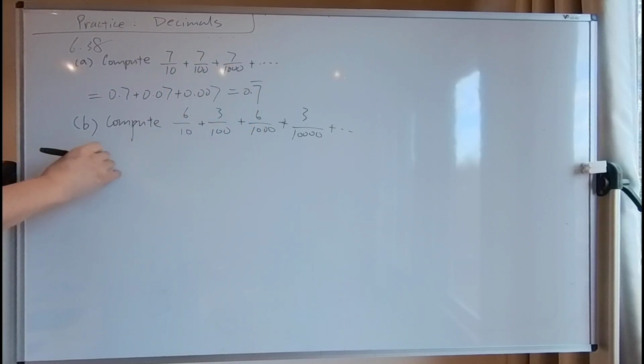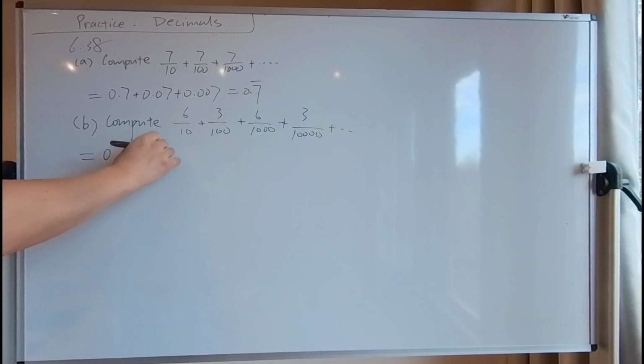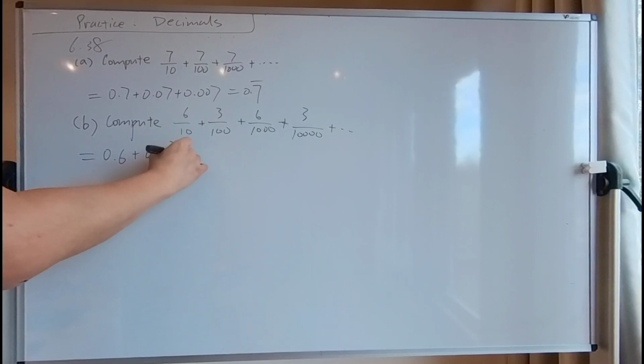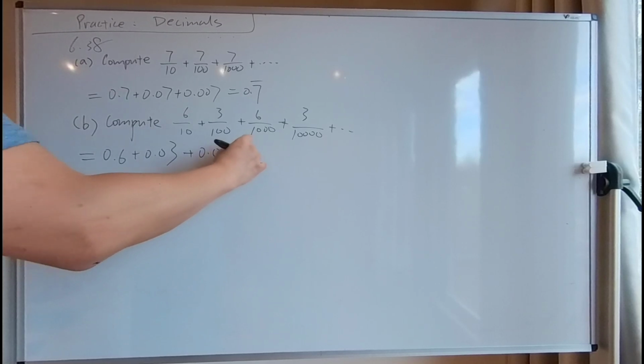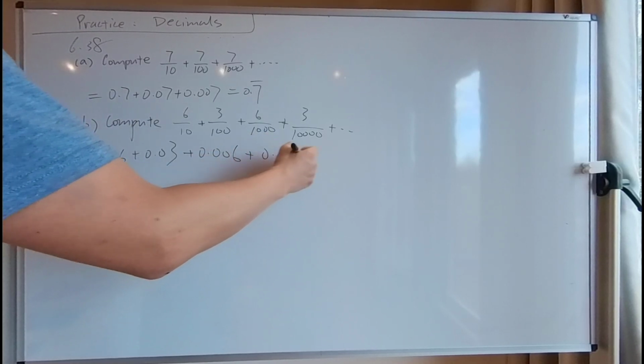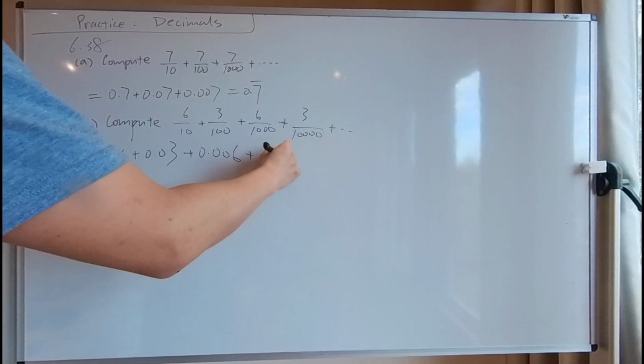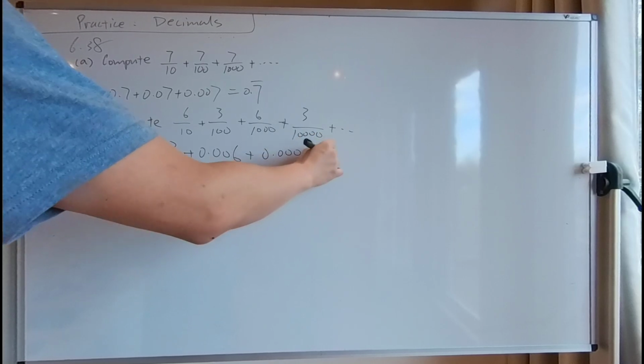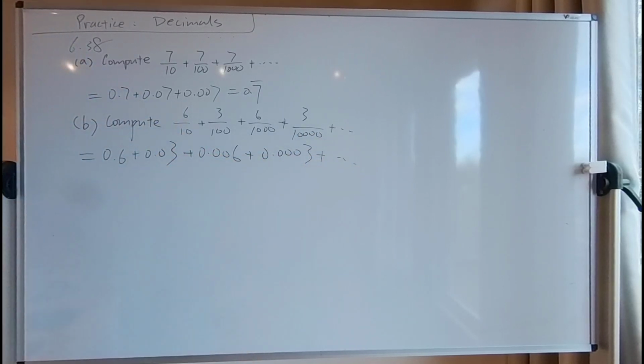So I need to think of how to put them together, right? Because I would have 0.6 plus 0.03 plus 0.006 and 0.0003. We keep going, right?